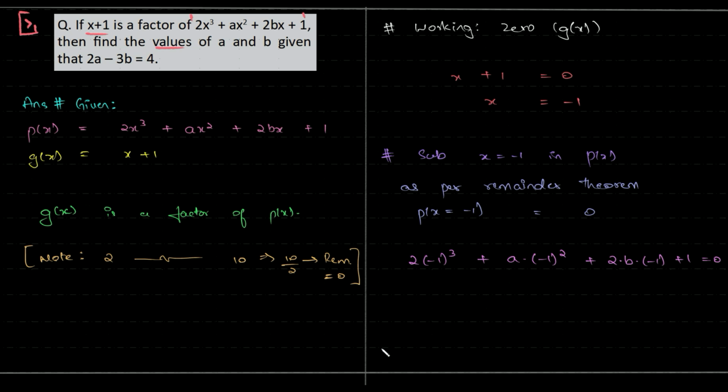I hope you guys understood. We found the 0 of g of x, substituted it in p of x as per the factor theorem. The output should be equal to 0, and so we equated it to 0.